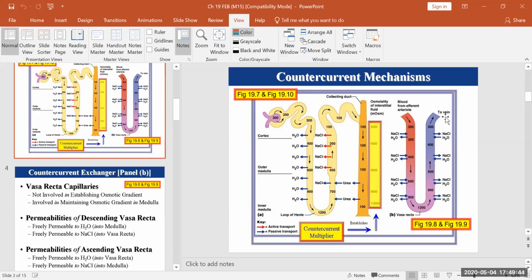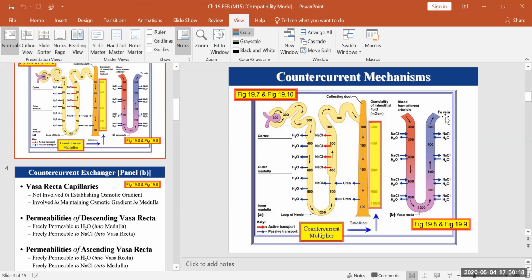Now, what is important, and in your book it's clear, if you go to Figure 19.8 on page 540, you see the loop of Henle as a yellow hairpin loop, and the vasa recta as the red colored vessels and blue colored vessels.